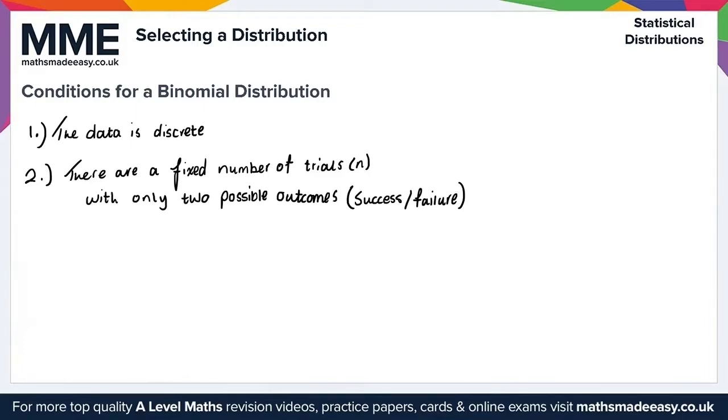And finally, we move on to our last condition for a binomial distribution. Here, the success probability, which we denote as P, is constant, and every trial is independent of each other. So, let's write this down in full. Success probability, which we denote as P here, again, this is our second parameter in the case of a binomial distribution, is constant.